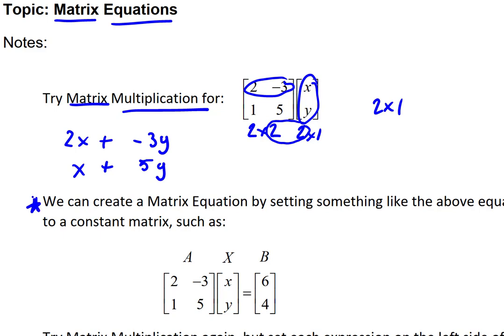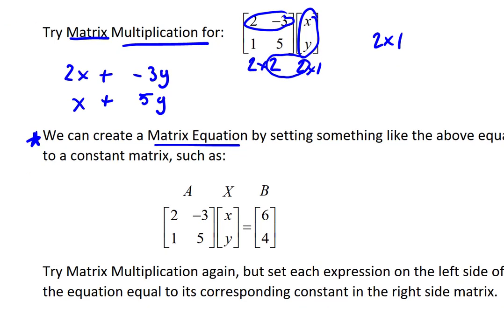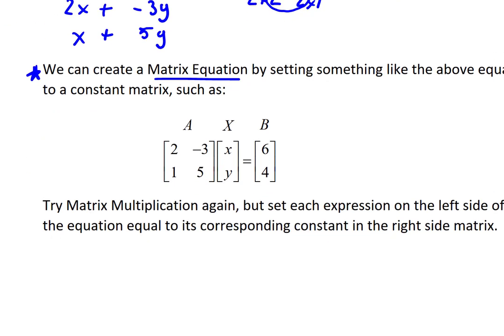Now, moving on, we can create a matrix equation by setting something like the above equal to a constant matrix. If you take a look at this, we have the matrix that we started with above. That's our 2 by 2. Again, those entries are 2, -3, and then 1, 5.